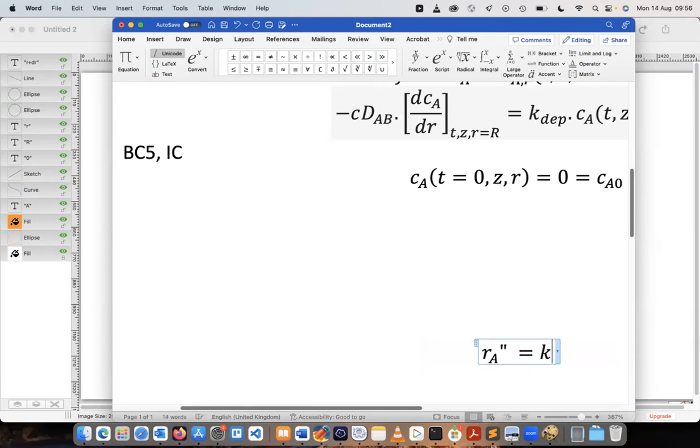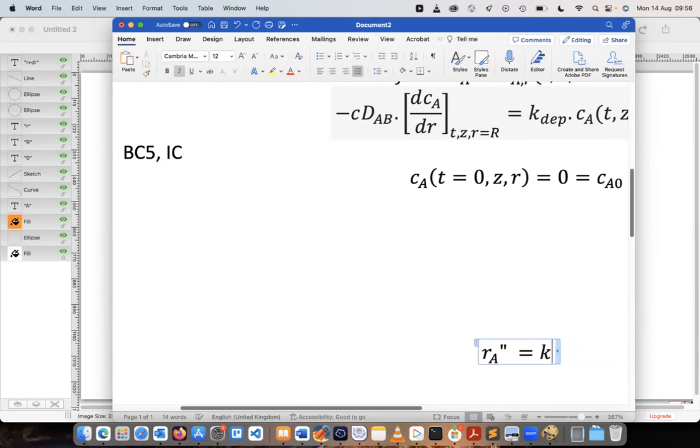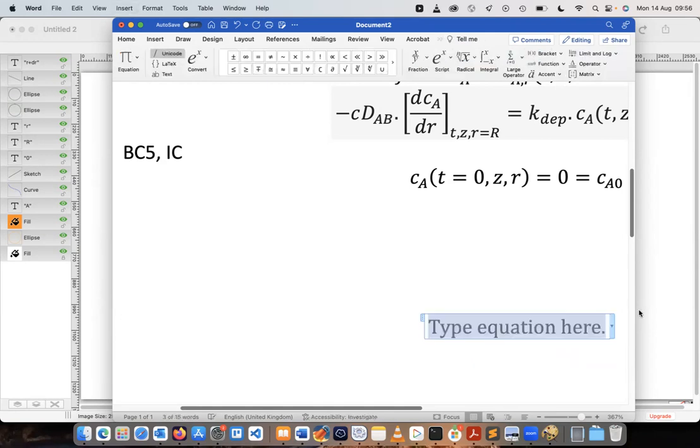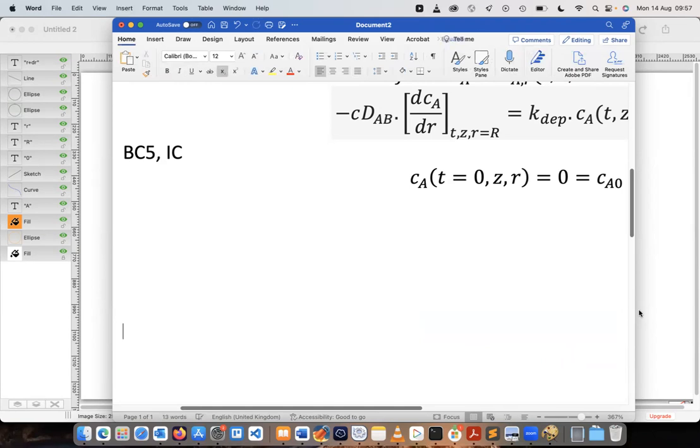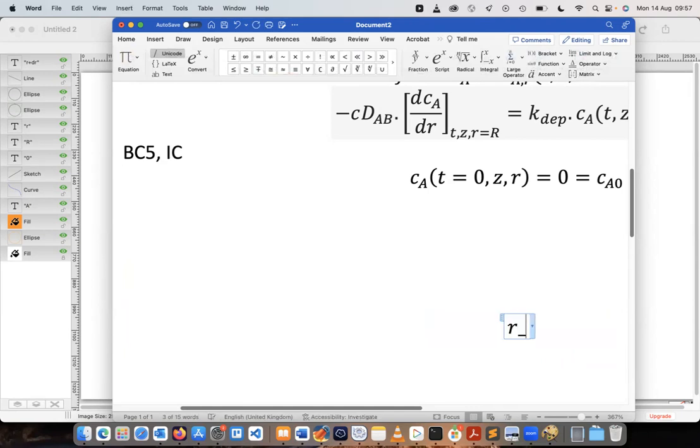And let's just say this reaction rate is k times CA squared. So our reaction rate is k CA squared, and this is a consumption of component A.